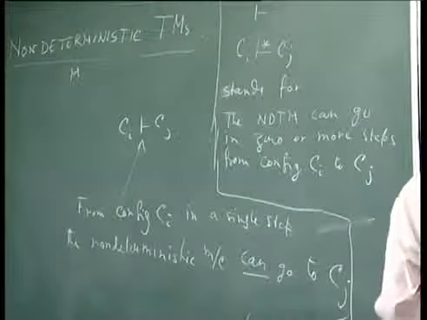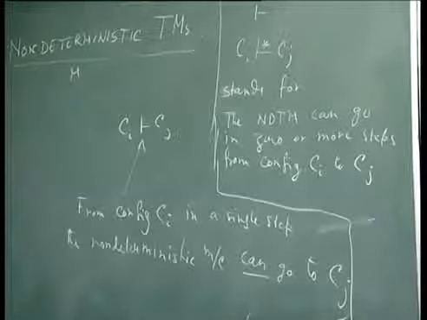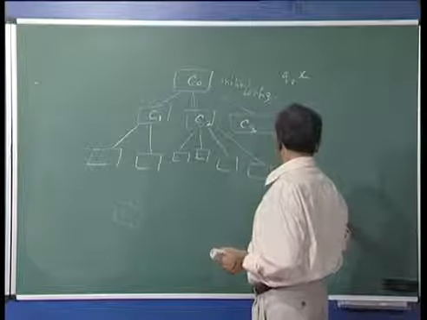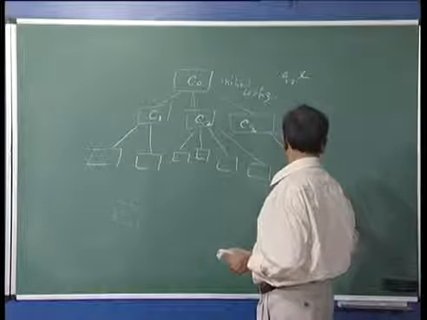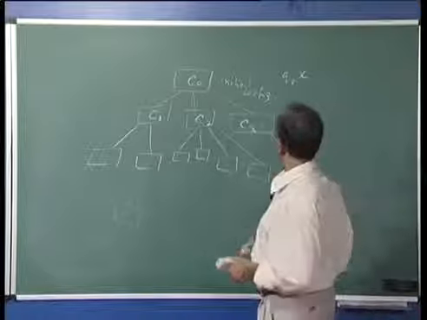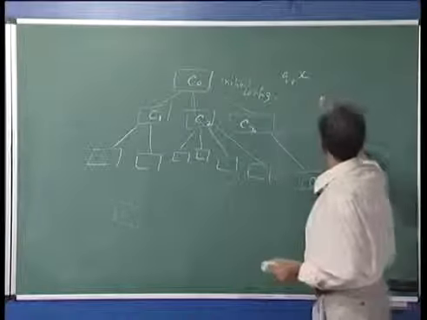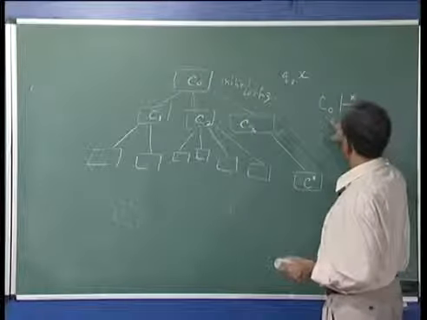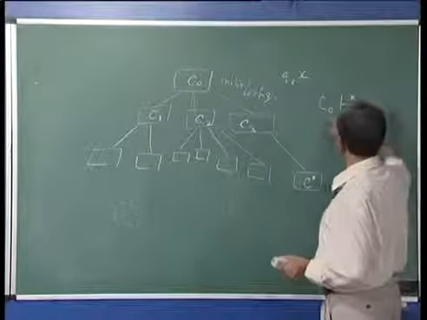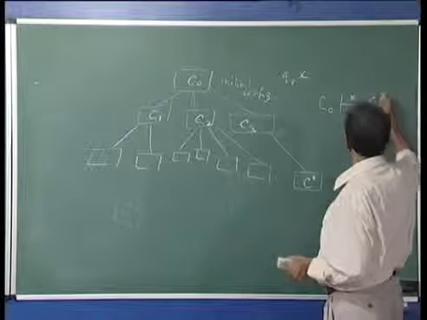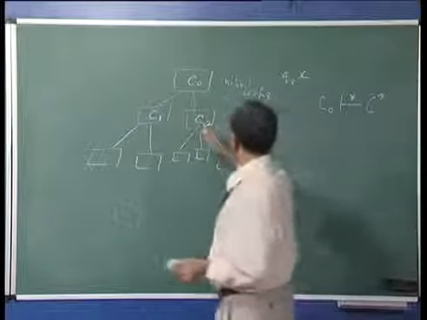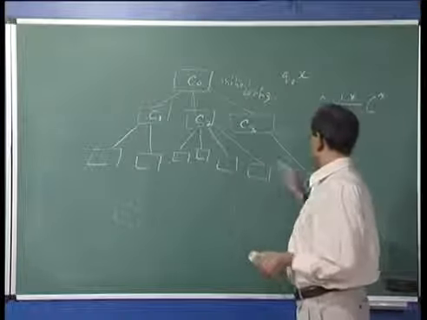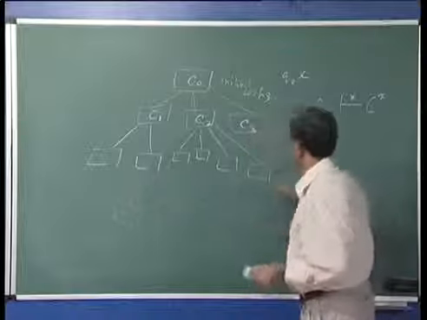So, in this configuration tree, suppose this is C star here. Clearly we can write that from configuration C0 in 0 or more steps you can go to C star, but from C2 you can't go to C star, because C star does not occur in the subtree here.